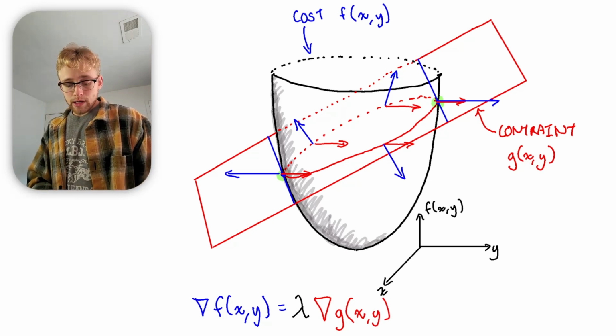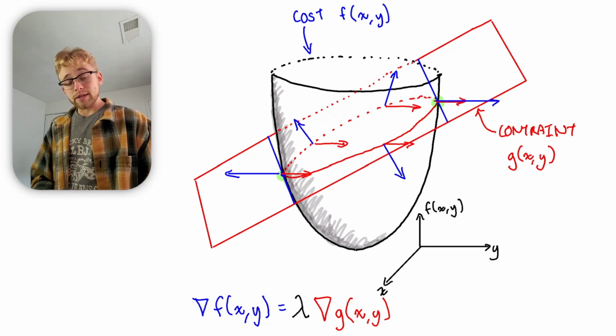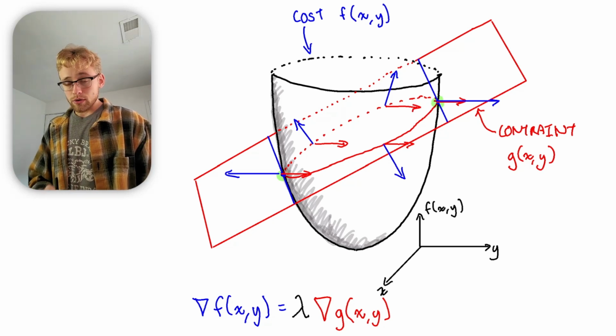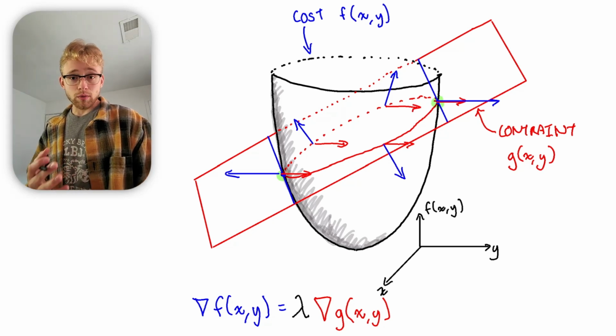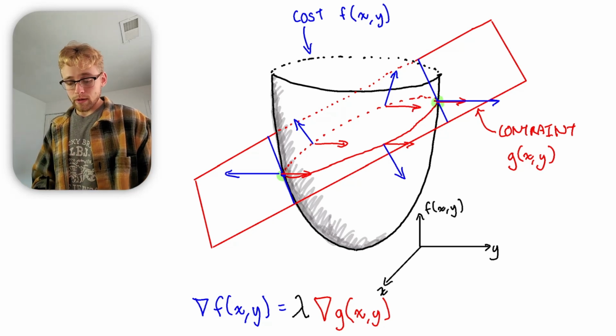So for any set of x and y values that satisfies this equation, you have a critical point at that x-y value pair.